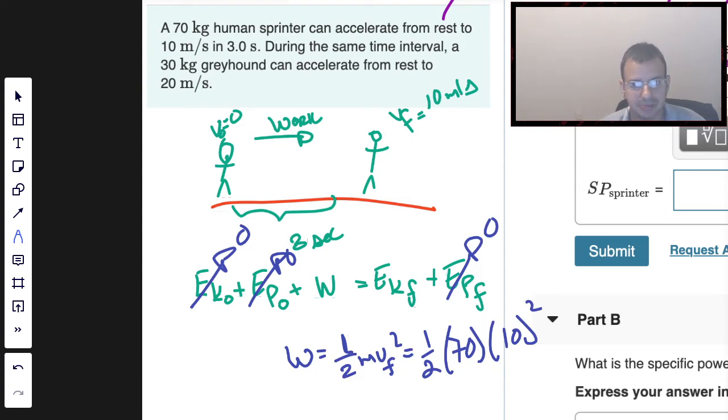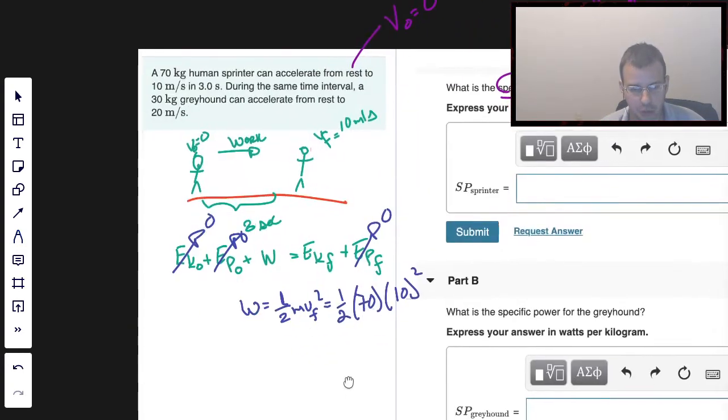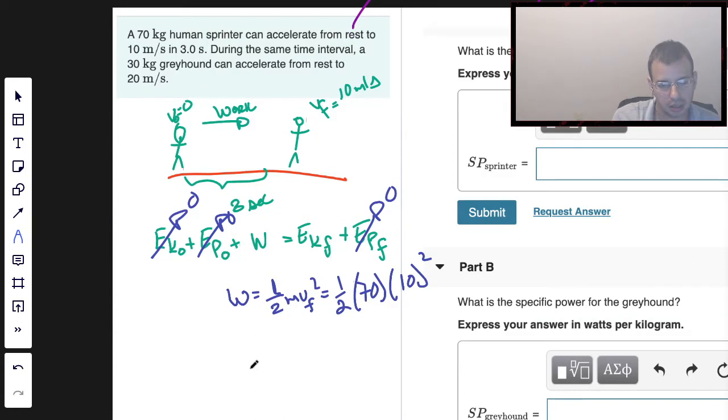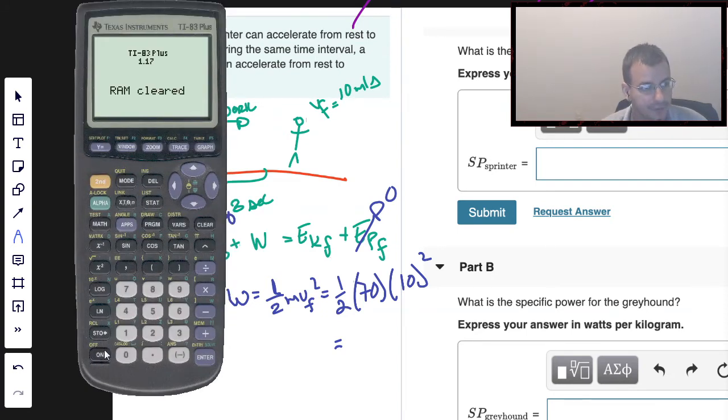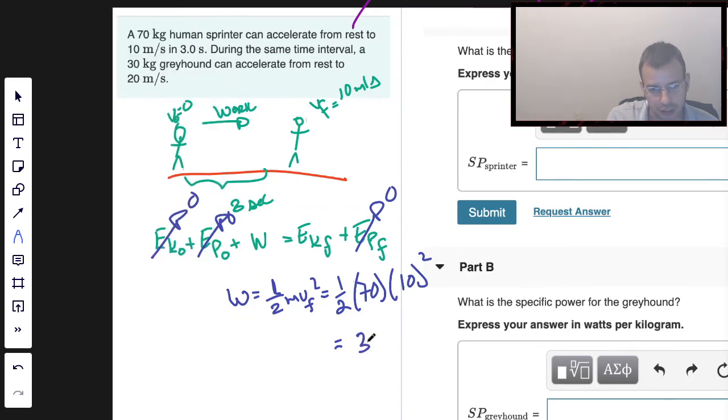I think the mass might end up canceling out, but I'm going to calculate everything anyway. So 0.5 times 70 times 10 squared gives us 3,500. So there's 3,500 joules done.